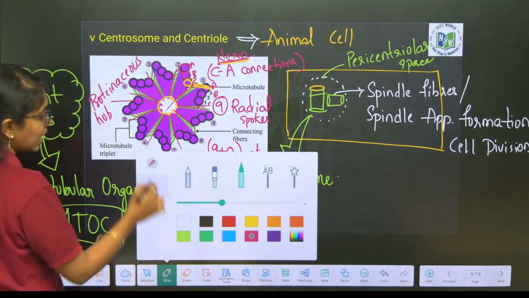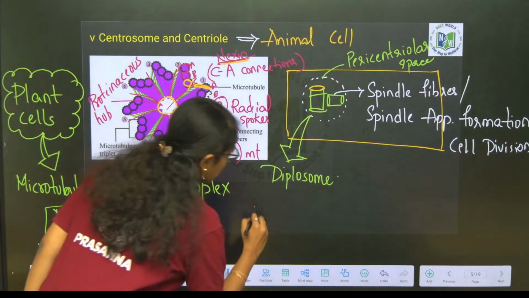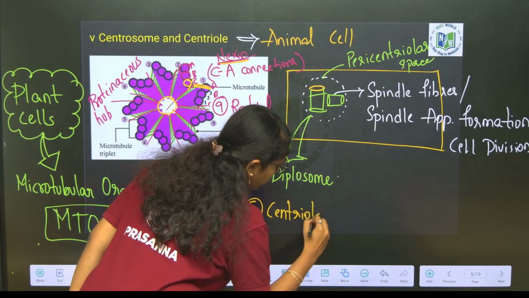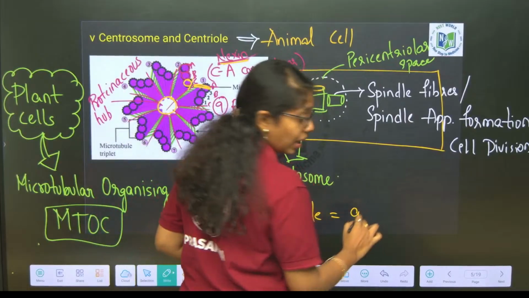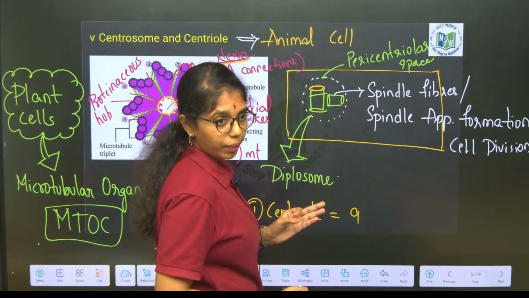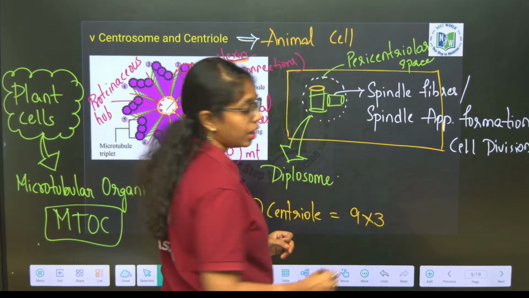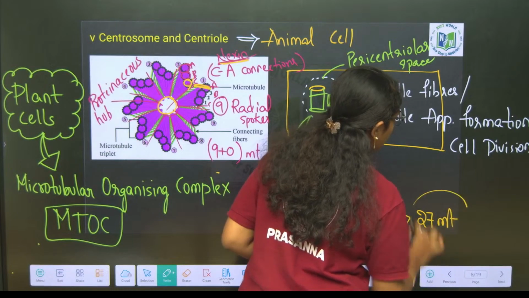And in a single centriole, how many microtubules are present? Total 9 radial spokes, beta. To each radial spoke, how many microtubules are present? 3. So, a total of 27 microtubules are present in each centriole.